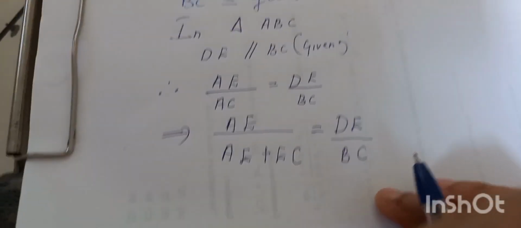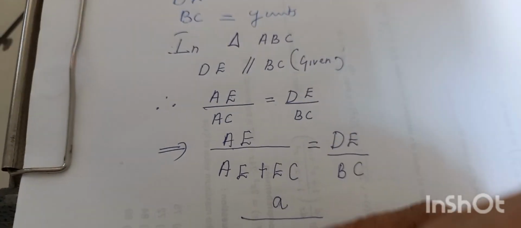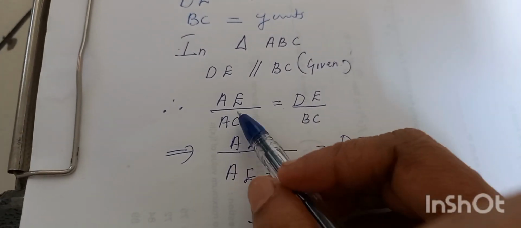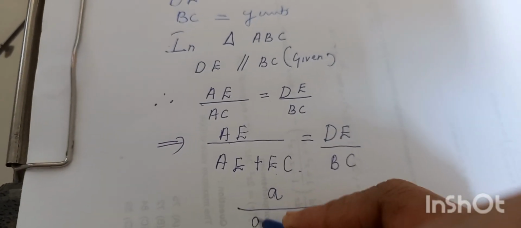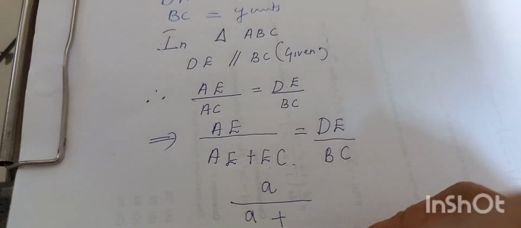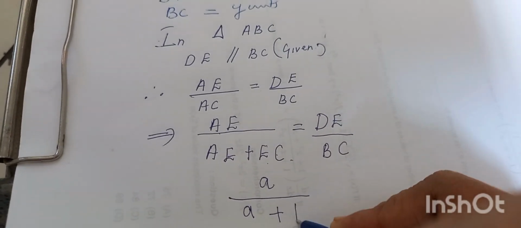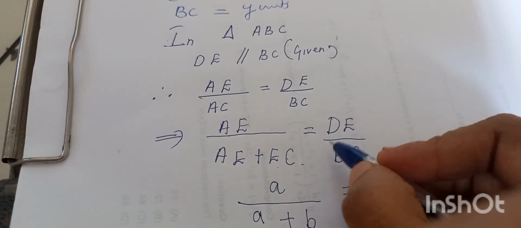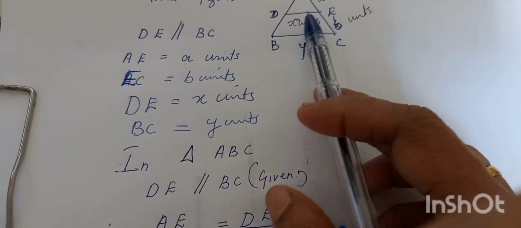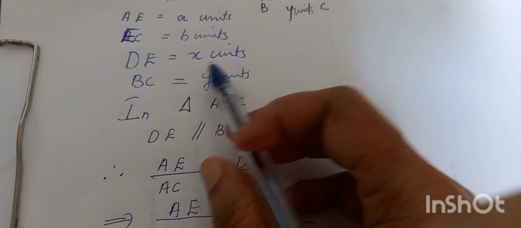Now let's write the units. What is AE? It is given AE is equal to A units. A by AC, AC we will get AE plus EC. AE is equal to A plus, what is B? EC is equal to how much? B units. So A by A plus B is equal to DE. DE is equal to, look at the figure, X units, and BC is equal to Y units.